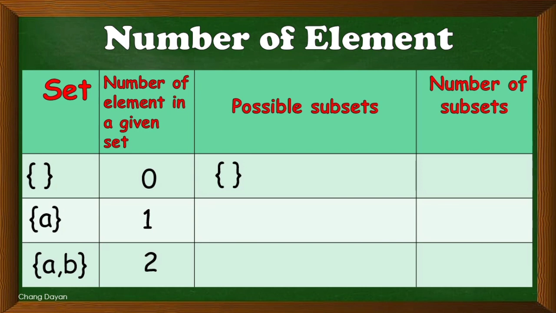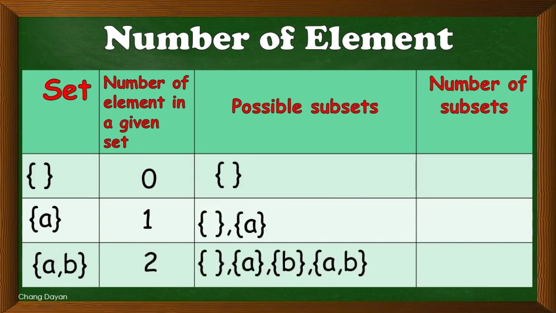For the first one, we have the empty set. And again, we all know empty set is a subset of any given set. For number 2, we have empty set and set of A. For the third one, we have empty set, set of A, set of B, and set AB.